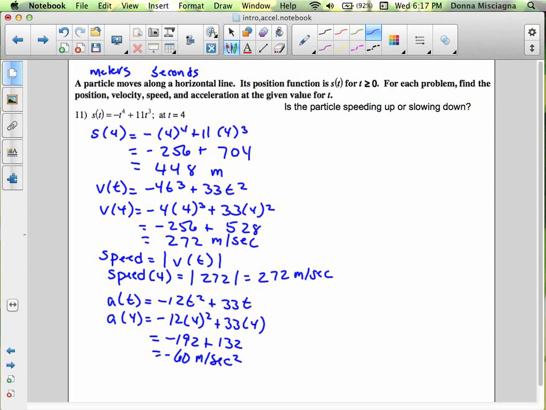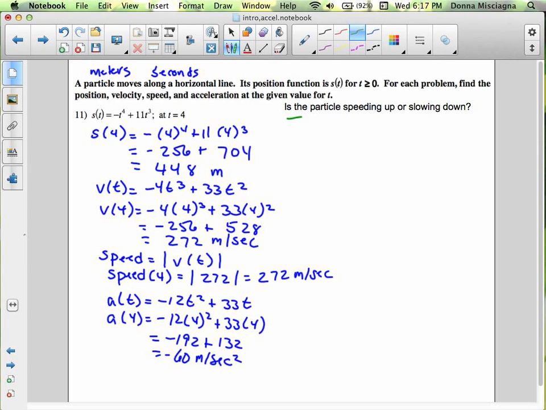All right, now that we've found all those things, let's answer the question: is the particle speeding up or slowing down? And we'll explain. Notice that velocity is positive at t equals 4 seconds, but acceleration is negative.